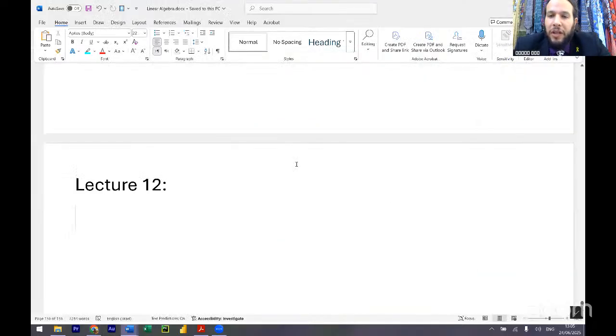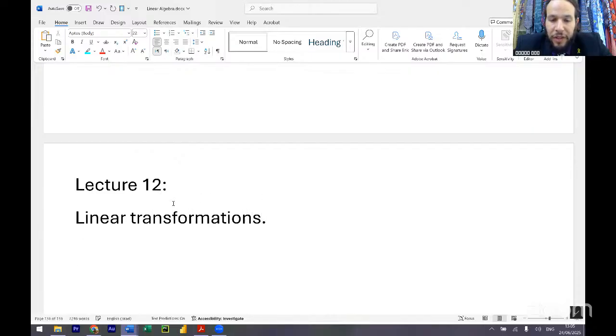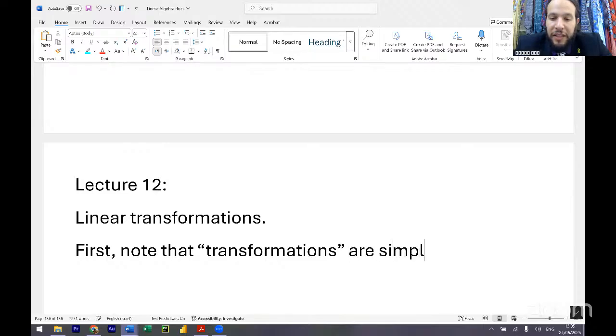Okay. And if you have any questions or notes, you're welcome to ask. So, linear transformations. First, note that transformations are simply functions.